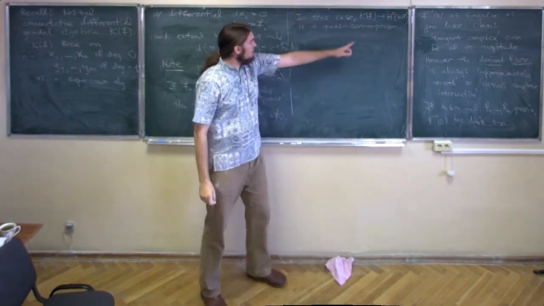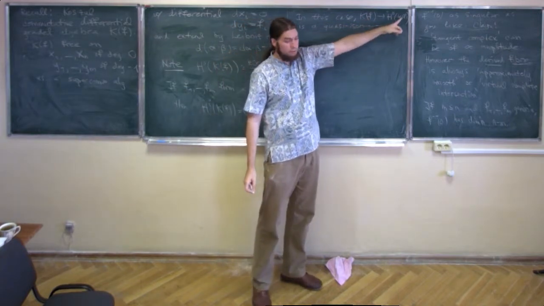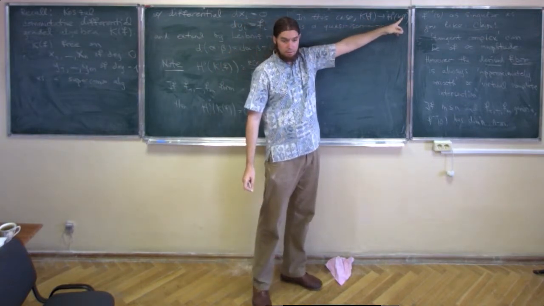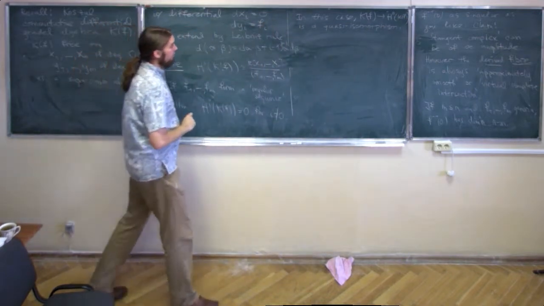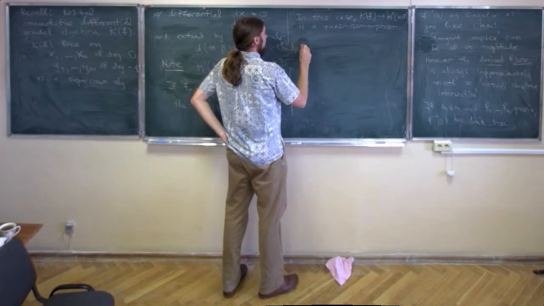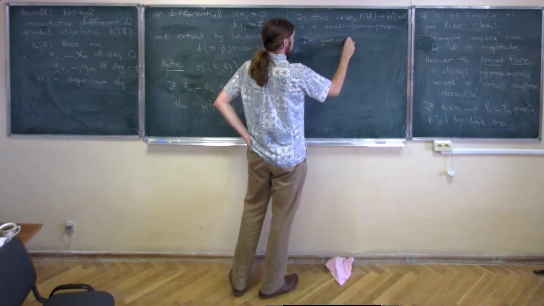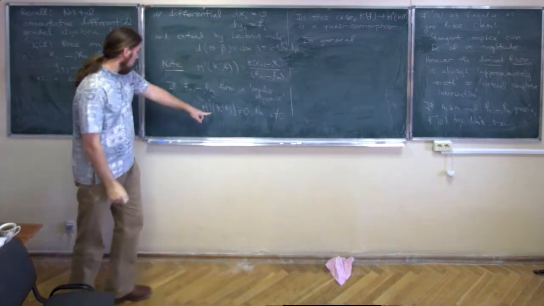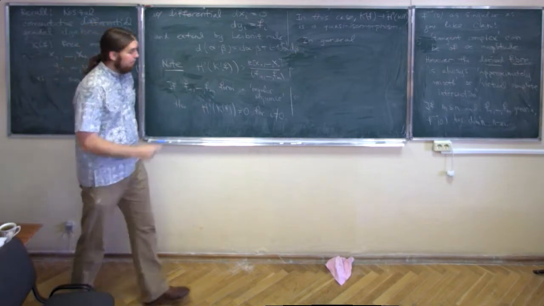So if you like, this gives a kind of free model, a free differential graded model of this algebra, which might be slightly singular. But in general, you can have this cohomology being non-zero in some negative degree.